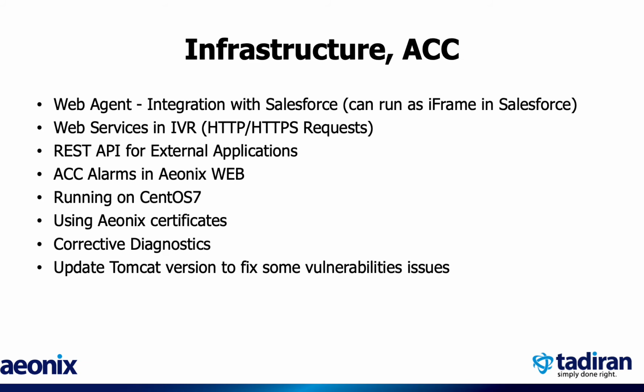Web services in IVR allow hooks using put, post, and get commands to HTTP and HTTPS IVR databases. The REST API for external applications. The ACC has an open API. This will allow developers to create their own agent via the API to emulate buttons in their own CRM packages.